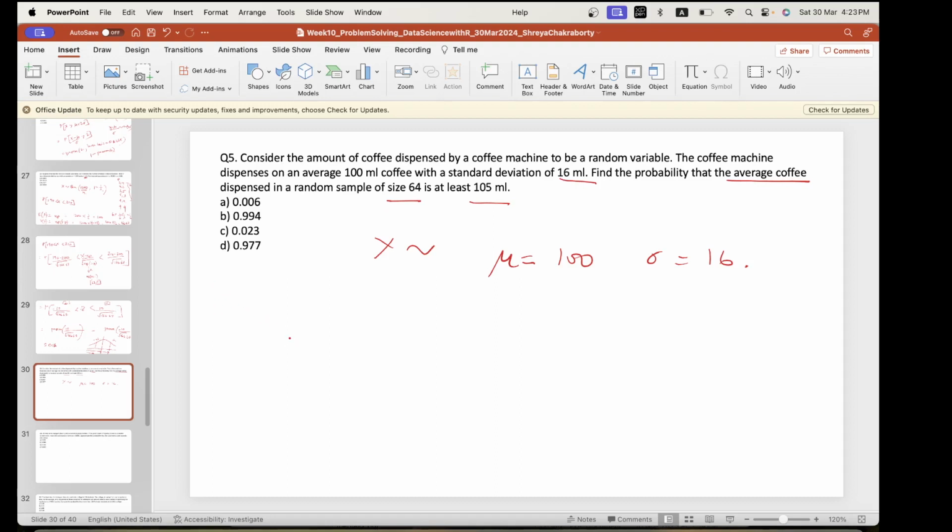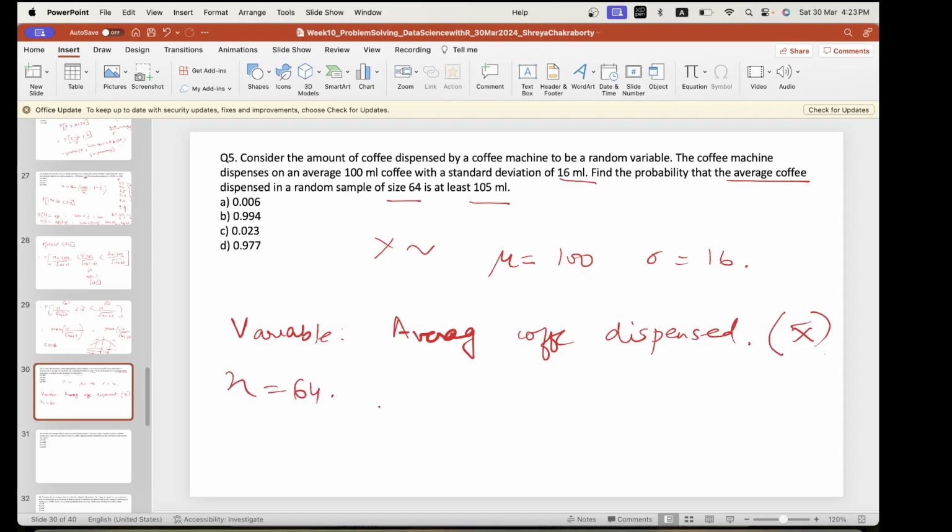So average coffee dispensed, our variable, is essentially x bar. So we have to find out that in a random sample n equal to 64, probability x bar greater than 105.